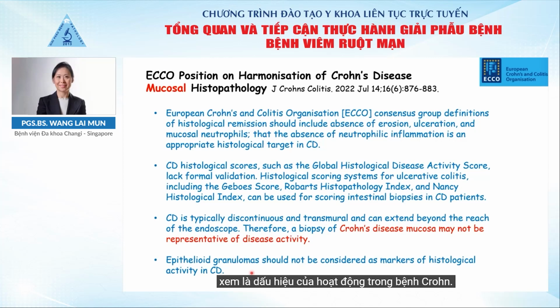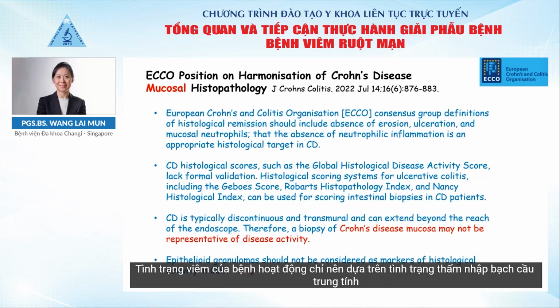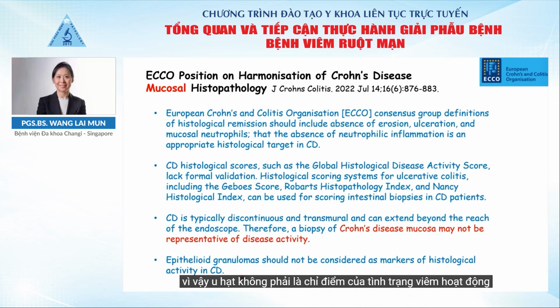So active inflammation should only be based on neutrophilic inflammation. When you don't see neutrophils, that means Crohn's disease is actually inactive. If you don't see erosion, if you don't see ulceration and no neutrophils, that means it's inactive. So specifically, granulomas are not an indication of active inflammation.